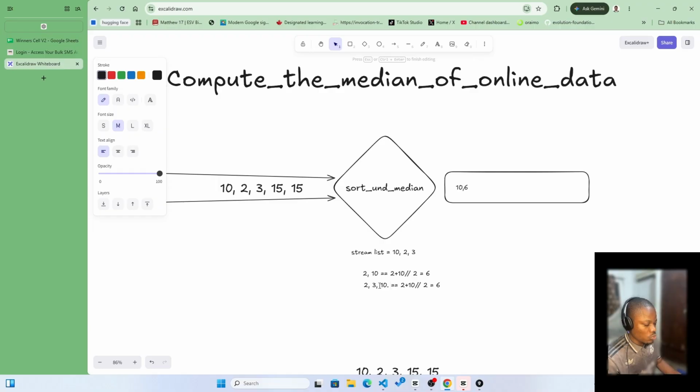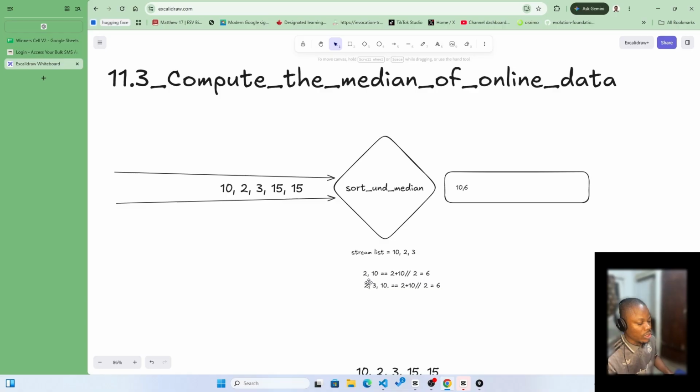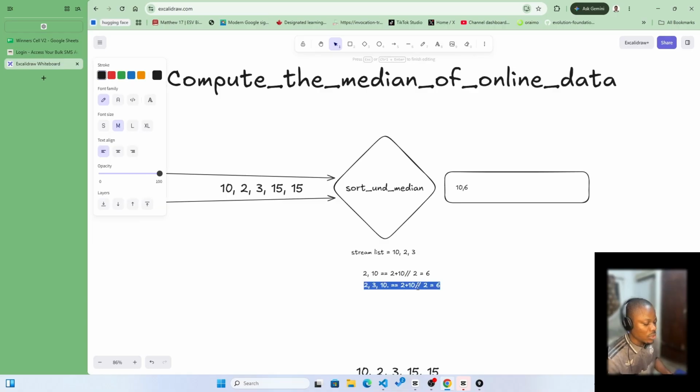We don't have two middles here; it's an odd length, so it's a no-brainer that the middle is just 3. We don't need to solve anything here. We can just say equals 3, because that's the middle of this list. So we print out our median to be 3.